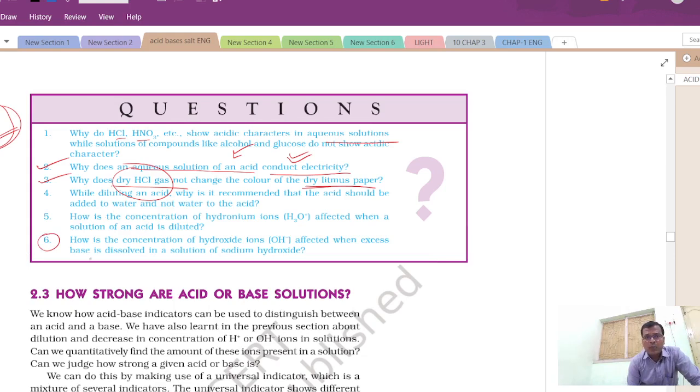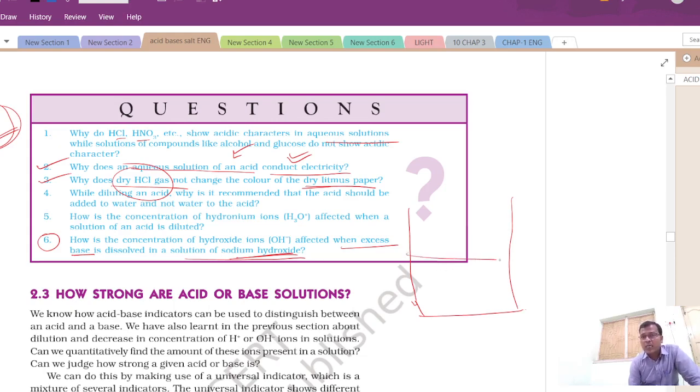This is also important. How is the concentration of hydroxide ion affected when excess base is dissolved in a solution of sodium hydroxide? Please understand it. This is a conceptual question, and I have already told you that conceptual questions are important for the board exams.